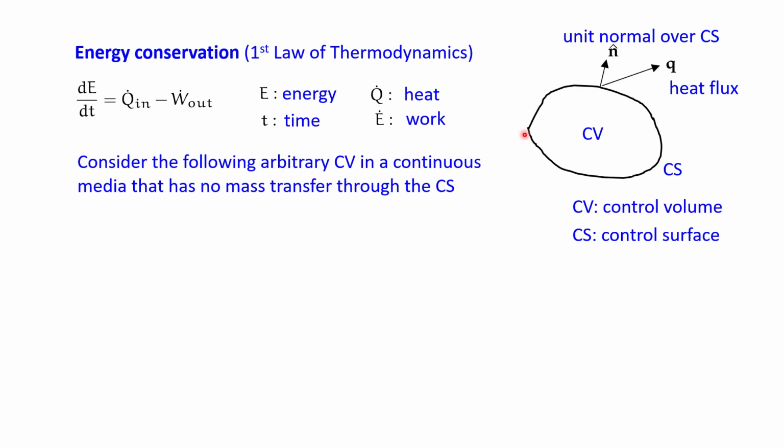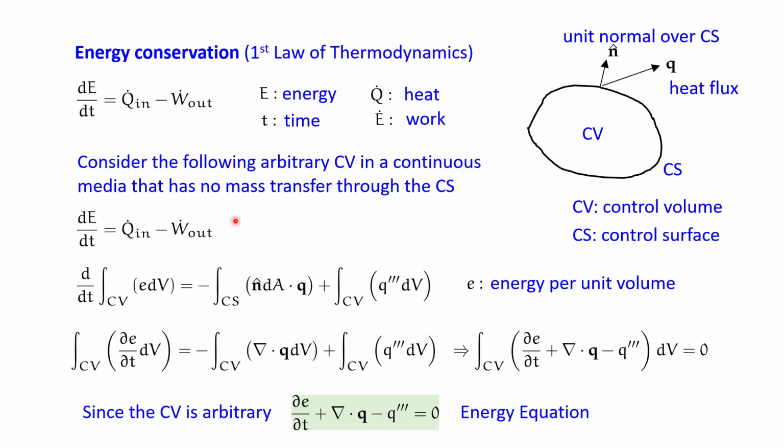We also assume that this control volume is impermeable to mass. That means this is just like a thermodynamic closed system. Now we are interested to study energy conservation in this simple control volume.